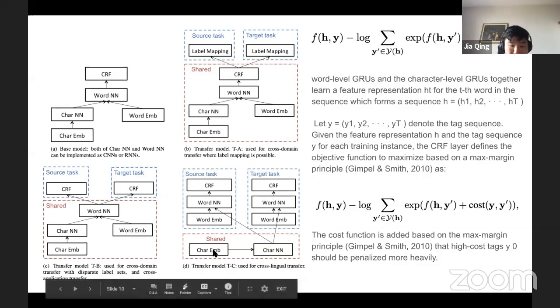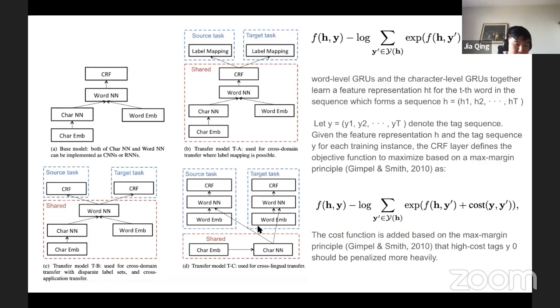So you can still share the character embeddings and the outputs of the character level network. But then at the word level, because there are differences, you break off at the word level. So these are the different permutations within the framework of how cross-domain, cross-lingual, or cross-application transfer can be used.